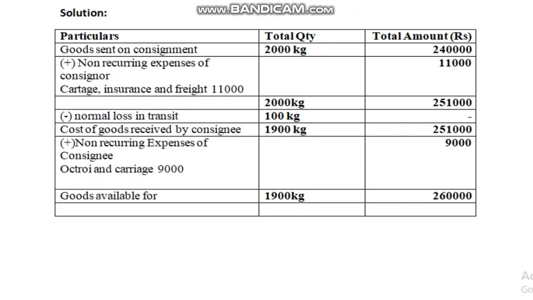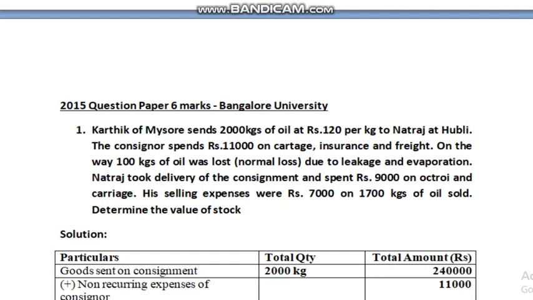From this, you have to deduct sales. In this problem, Natraj sold 1,700 kg of oil.